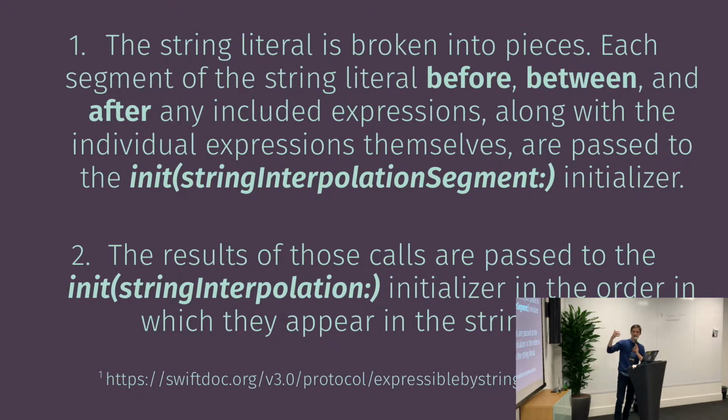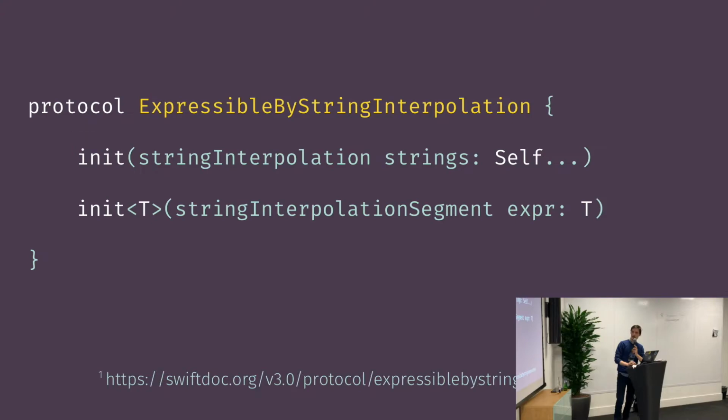As a second stage, the results of these calls are passed to the string interpolation initializer in the order in which they appear in the string, so it accepts an array. And that's why it's a Self with this variadic argument.